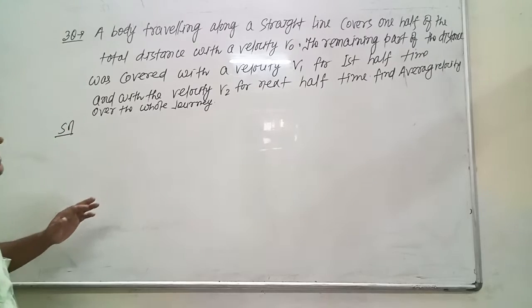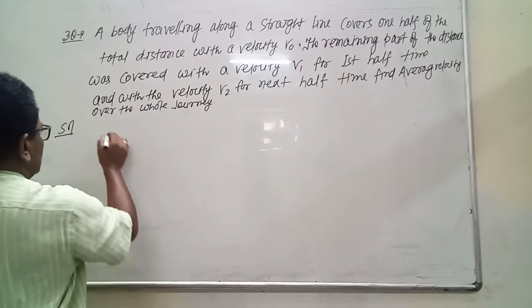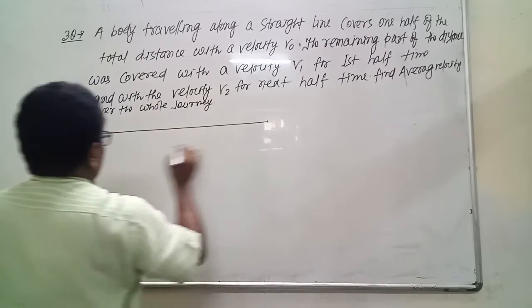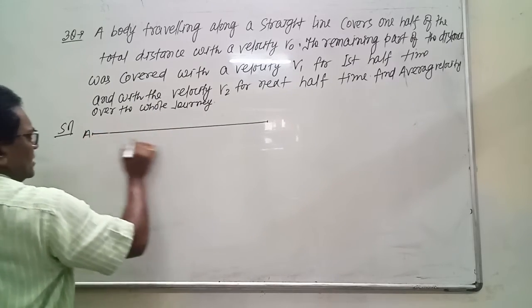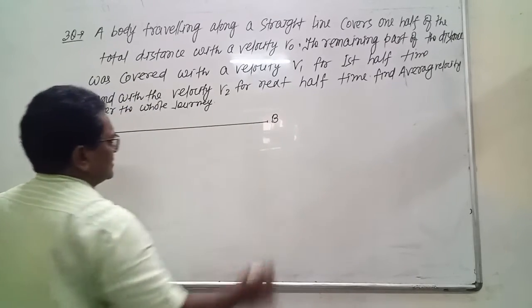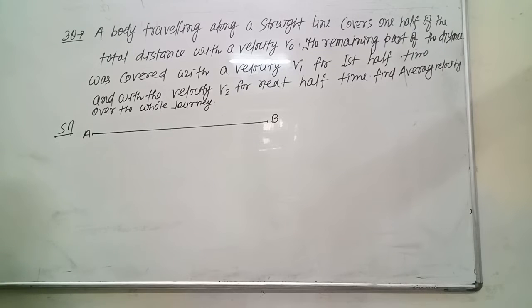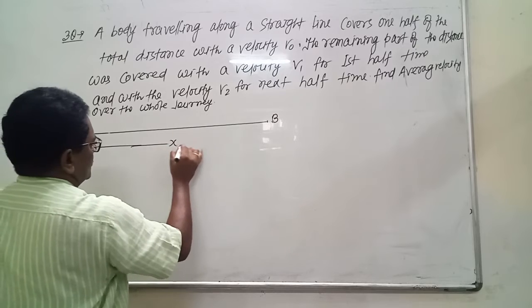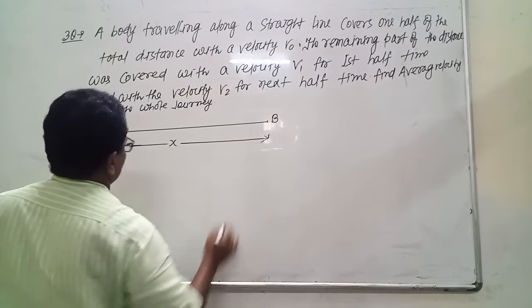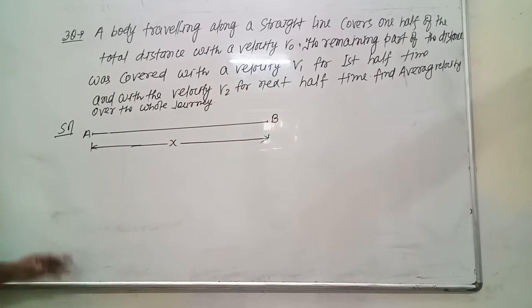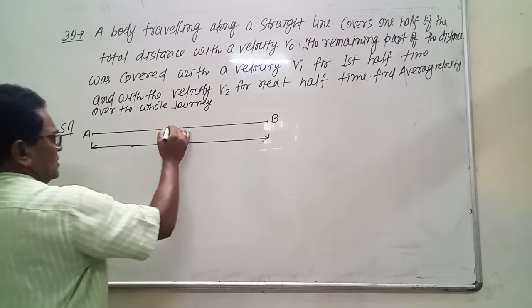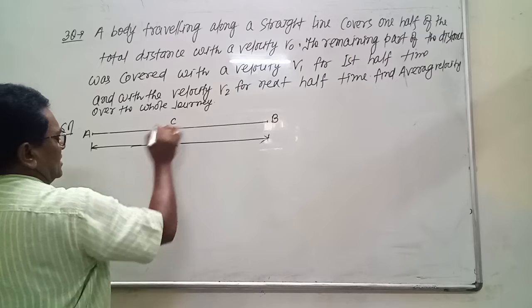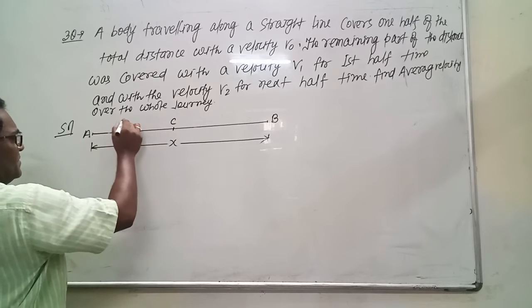A body traveling along a straight line. Suppose this is a straight track, and the distance of this complete track is x meter. The body covers one half of the total distance. Suppose this is the half AC.